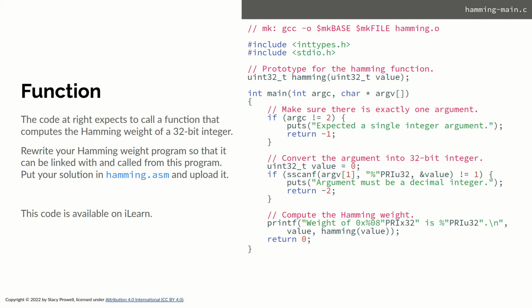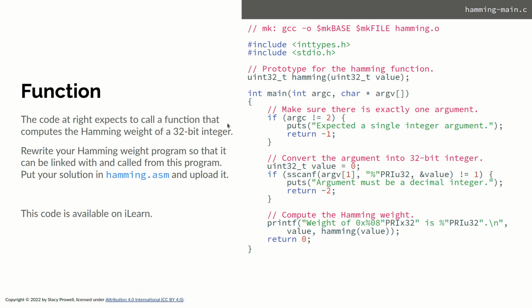We have a third homework. Given what you know now about how things work, the homework is to take your Hamming weight code and turn it into a function that can be called from C. So here we go. Here's some C code.